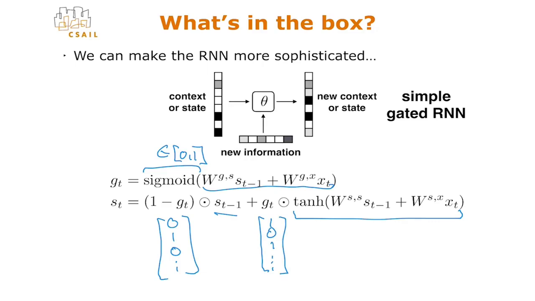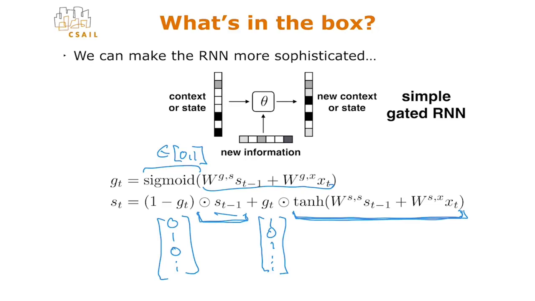So when 1 minus gt is 0, that means that we don't retain any information of the previous state in this form. We don't store the previous information. We overwrite that coordinate precisely with the update as we had seen before. When that value is 1, we keep all the information that we had previously and completely ignore the new suggested coordinate value.